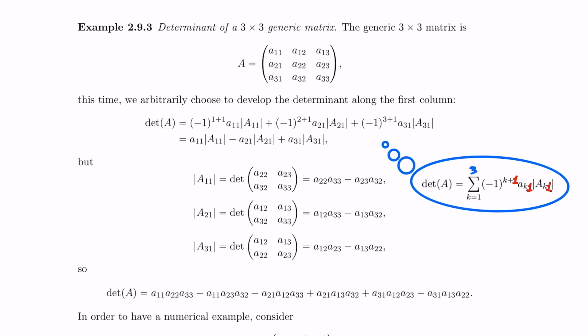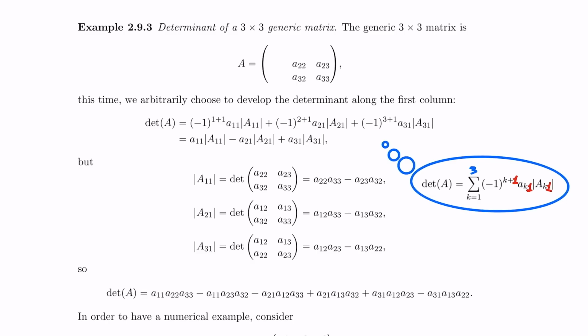This time the computation of the minors is not so immediate as before. So, for example, let's compute the minor a11. The minor a11 is by definition the determinant of the submatrix obtained from A by erasing the first row and the first column, like this.